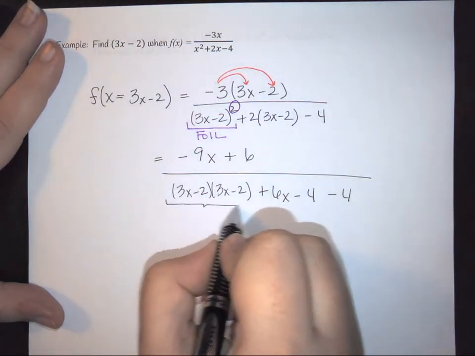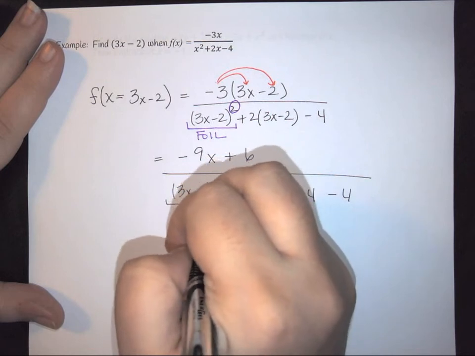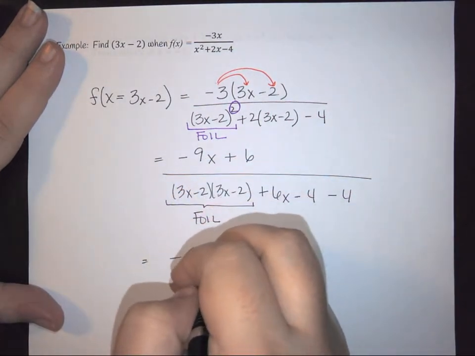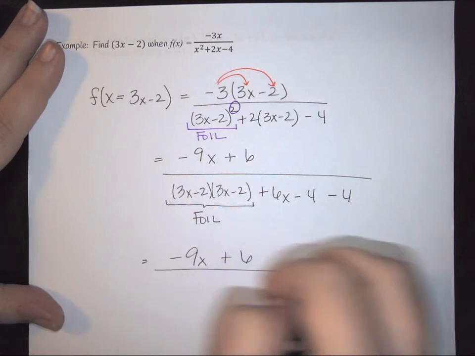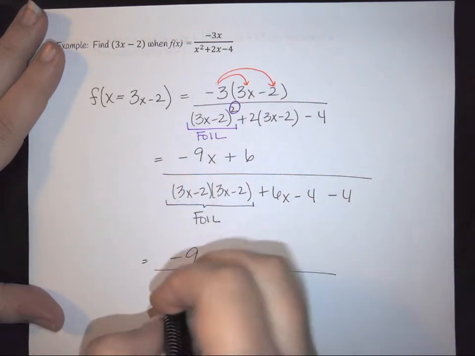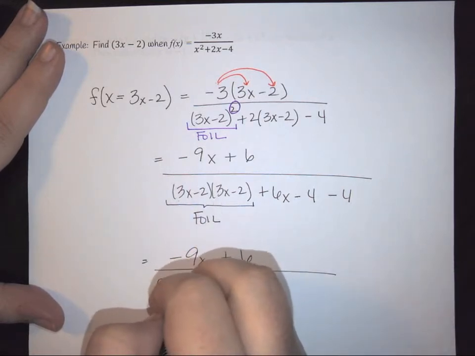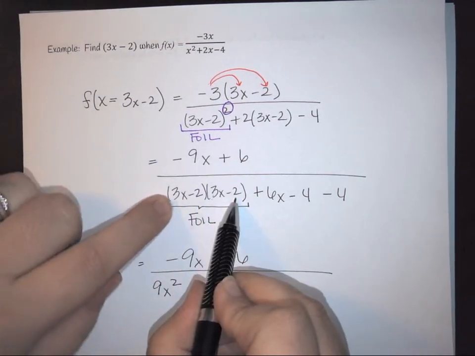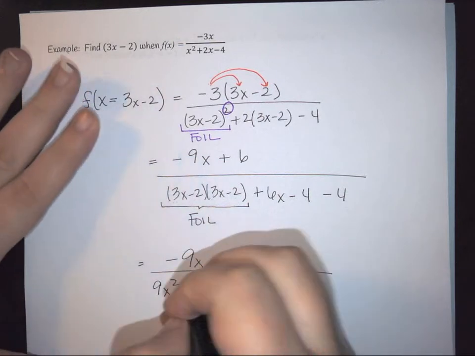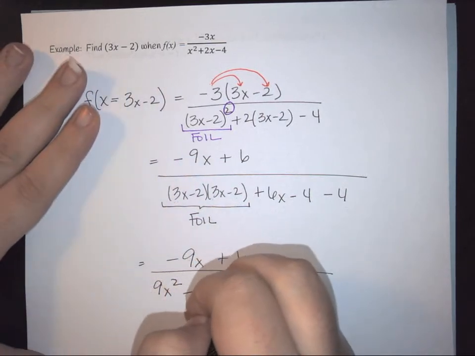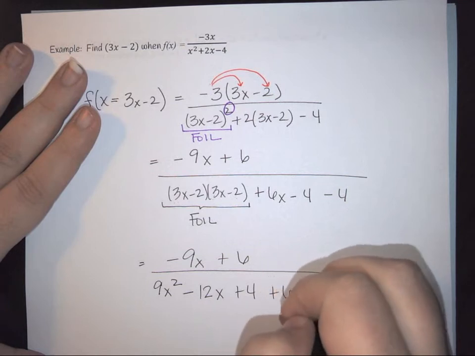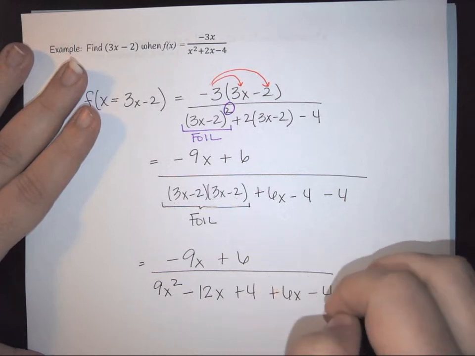Again, we're going to take this piece here and we're going to FOIL. So I have -9x plus 6 on top. 3 times 3 gives me 9x squared. Then I'm going to have 3 times -2, so -6 on the outside, -6 on the inside. So minus 12x plus 4 plus a 6x minus 4 minus 4.